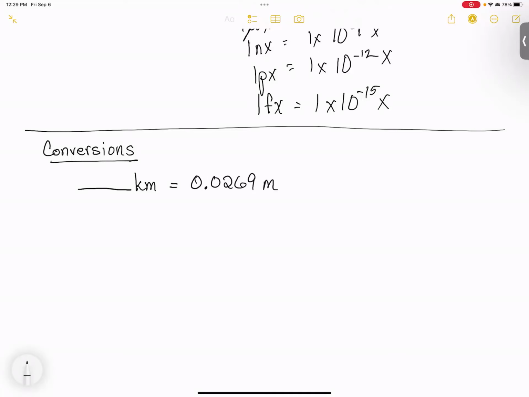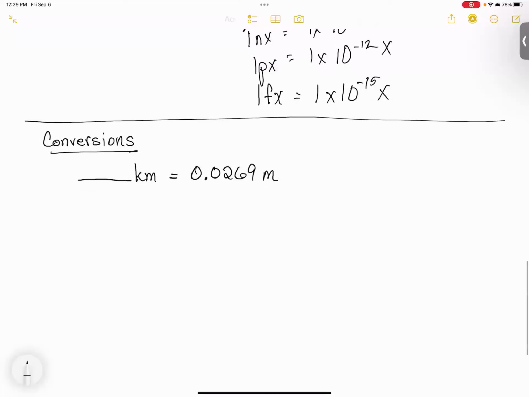Okay, when you're dealing with a conversion, you always start with the piece of information you were given. We were given 0.0269 meters. Notice that I included not only the numerical value, but the unit.